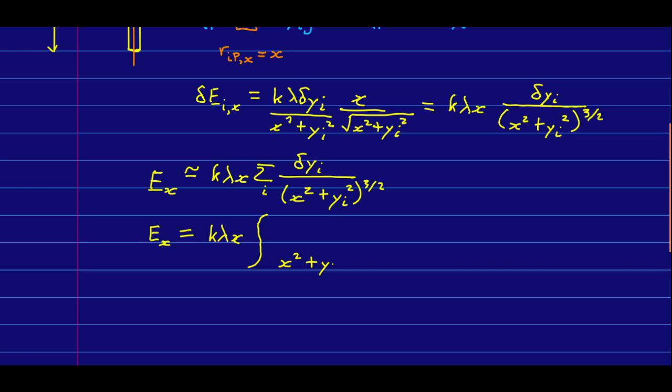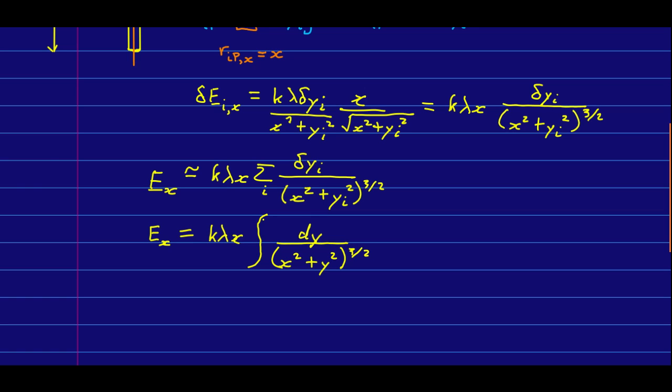And so the expression will look inside the integral like this. Delta y_i becomes dy. Remember, discrete things are turning into continuous things.